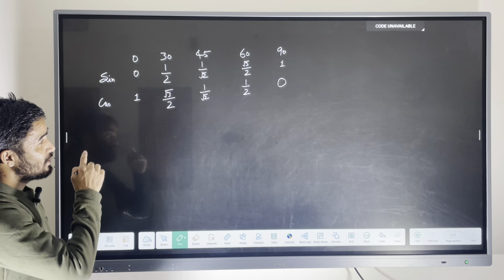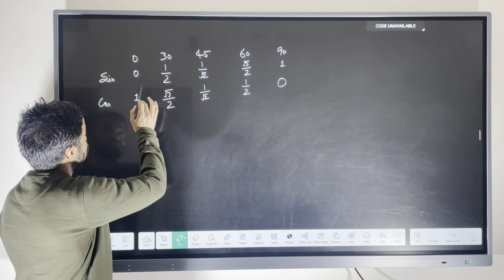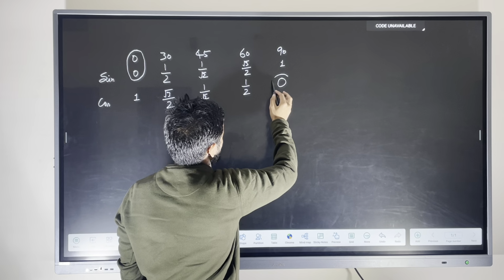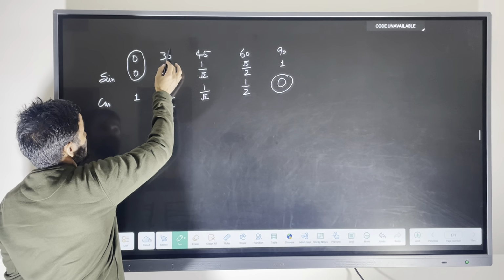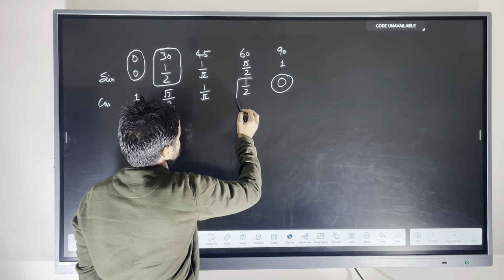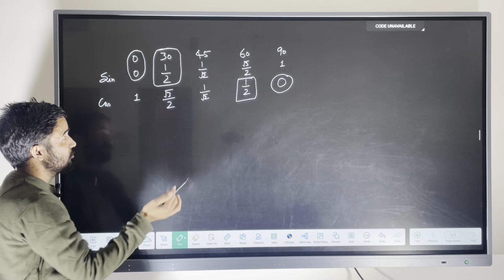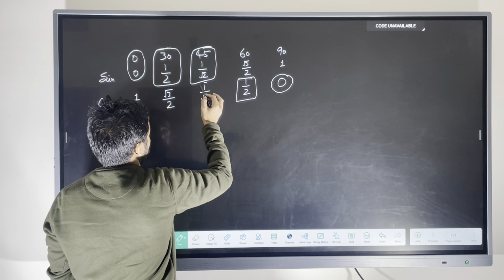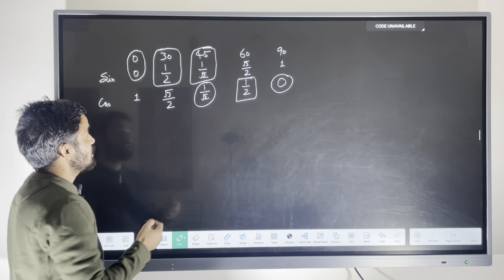If you look at this, you can see that sine 0 and cos 90 have the same value. Similarly, sine 30 and cos 60 have the same value. Moving forward, sine 45 and cos 45 have the same value, equal to 1 upon root 2.